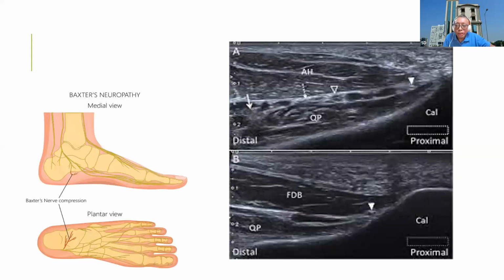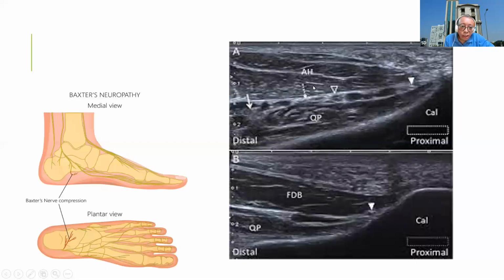This is the picture of Baxter's nerve and the normal course. This is the posterior tibial nerve, and there are lateral and medial plantar branches. The first branch of the lateral plantar nerve is Baxter's nerve. As you can see, it has to turn sharply and go to the inferior aspect of the foot. This is the area where there can be impingement of the nerve.